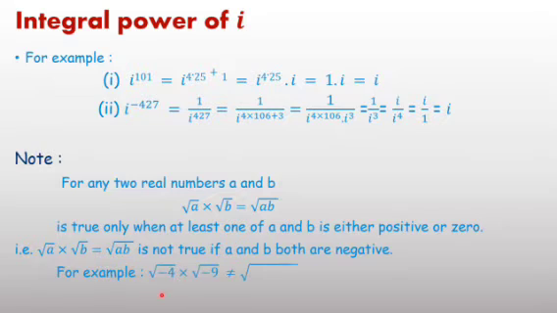For example, if under root minus 4 into under root minus 9 is given, we can write this as under root of minus 4 into minus 9. If you apply this identity, you will get under root 36 equal to 6, which is false. The correct solution: under root minus 4 into under root minus 9 we can write as under root minus 4 means 2i, into 3i, equal to 6i square equal to 6 into minus 1 equal to minus 6, which is true.